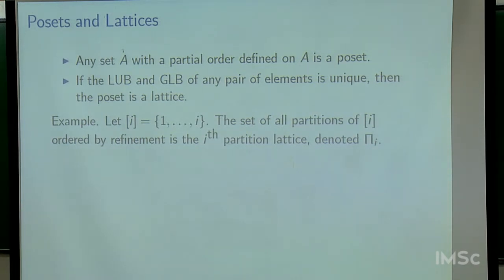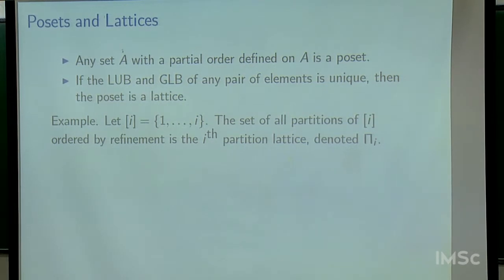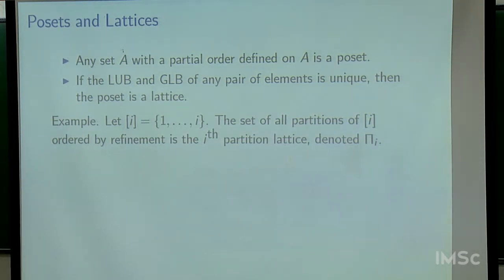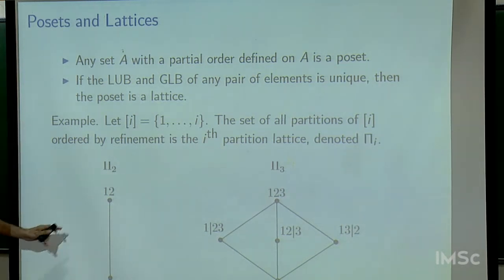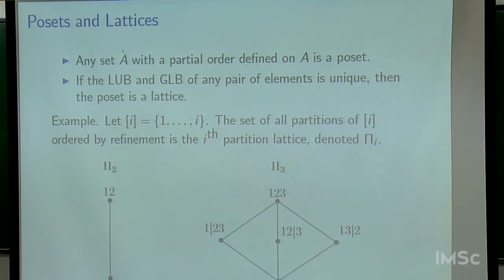If you consider the set 1 to i, and the set of all partitions of i ordered by refinement, it's actually a lattice, and this is called the ith partition lattice. It's a family of lattices, and the ith one is denoted by pi i. For example, this is the second partition lattice. You have two elements, and there are two ways to partition them, and that's pi 3.